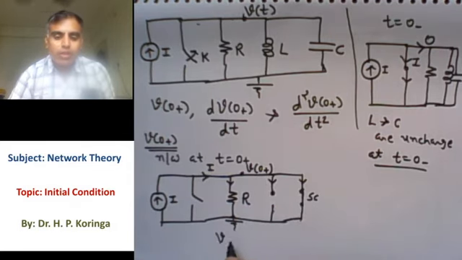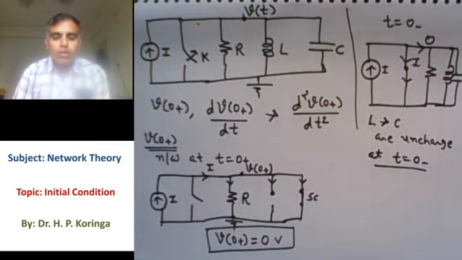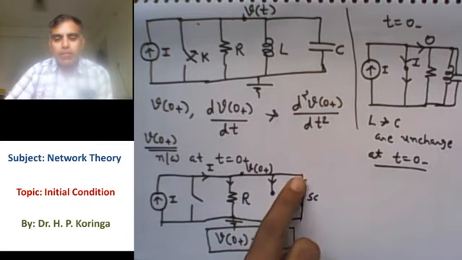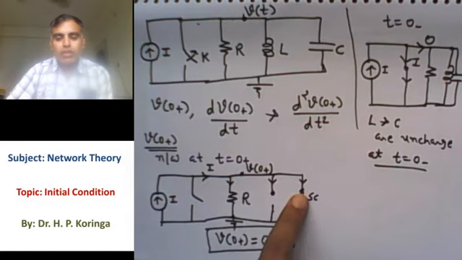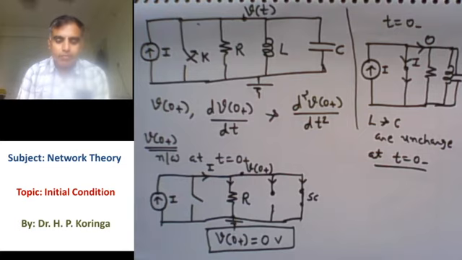So v(0+) for the parallel RLC circuit is equal to 0 volt.